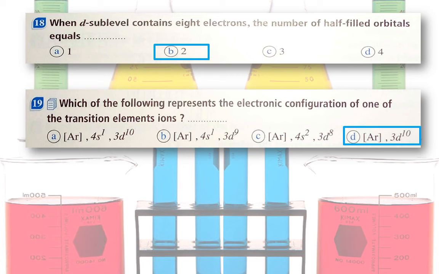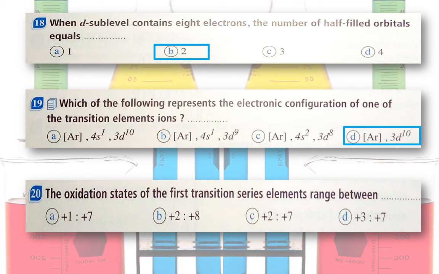It means that we have here an ion with completely filled 3d orbital. Okay, another question. In question number 19, we can neglect s, as here s does not contain any electrons. We can write 3d10, completely filled with electrons.